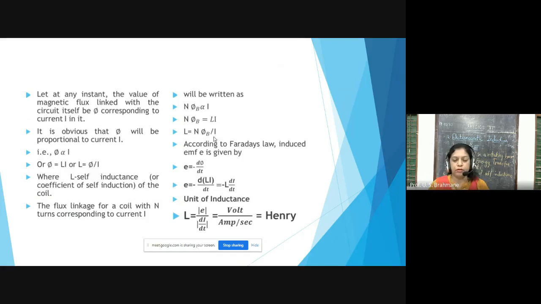What is self-inductance? What is its unit? Write it down. And third, you have to write a note on eddy currents and what are their uses. Go through the net and see what the uses of eddy currents are. So this is all about today, children. Thank you.